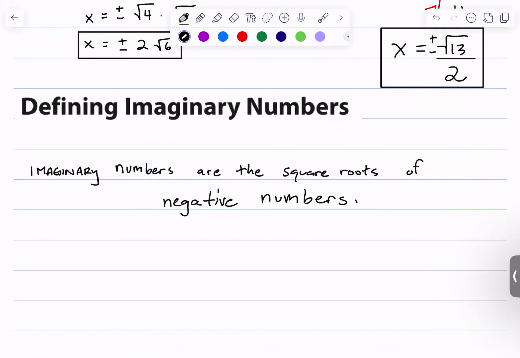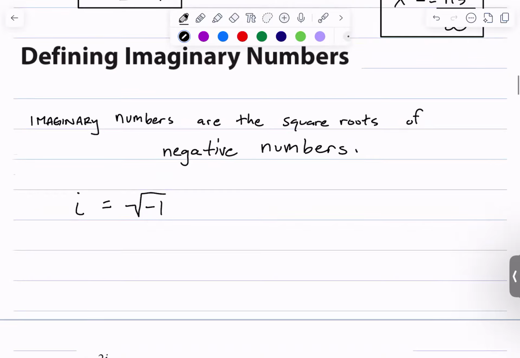Okay. So the simplest negative number we can take the square root of is square root of negative 1, which I am going to label as the imaginary number. It's not a variable, but it's just the letter i. Okay?